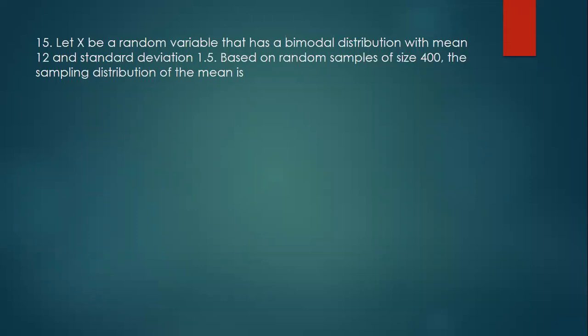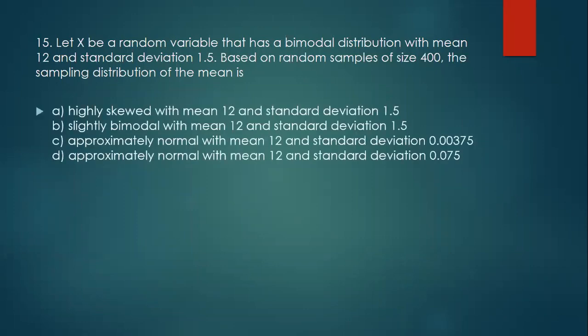Based on random samples of size 400, the sampling distribution of the mean is: A, highly skewed with mean 12 and standard deviation 1.5; B, slightly binomial with mean 12 and standard deviation 1.5; C, approximately normal with mean 12 and standard deviation 0.0375; and D, approximately normal with mean 12 and standard deviation 0.075. What's the answer, guys?